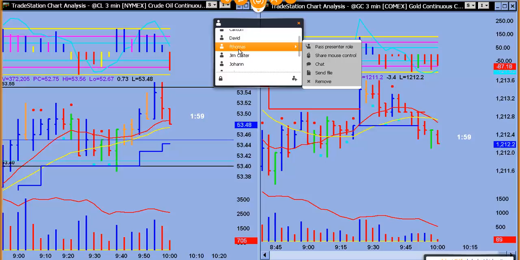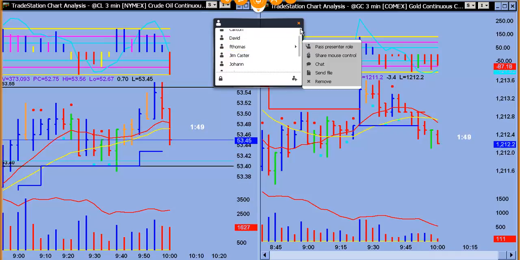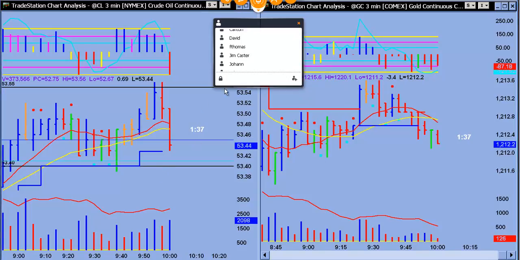F. Thomas, John L.: Do you look at higher time frames in your analysis? No, I do not. Another great question. No, I just use the chart that I'm on. That's distraction. The chart itself will tell you what you needed to know in every way possible.